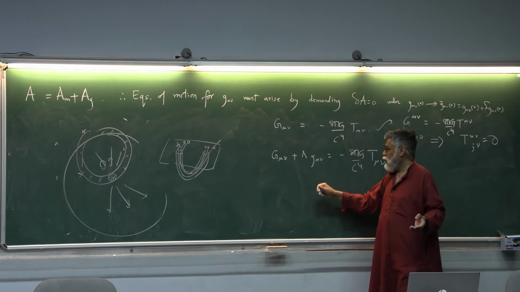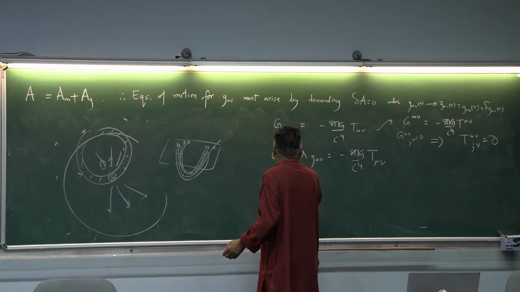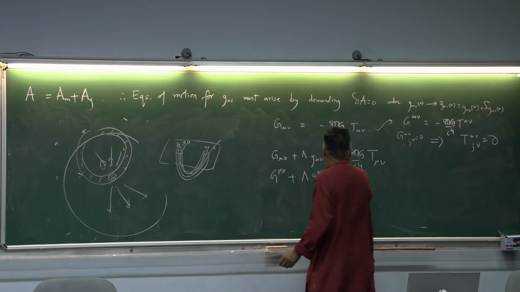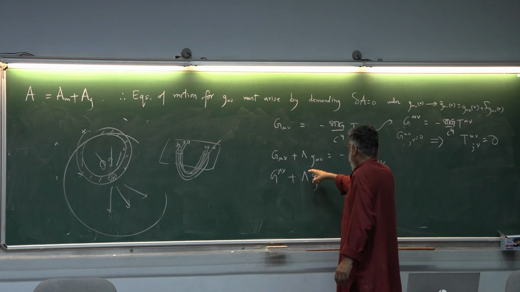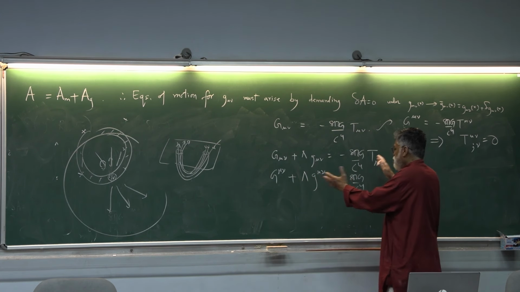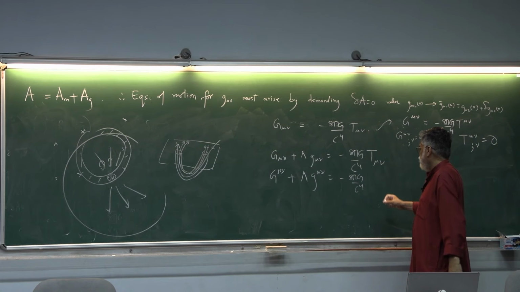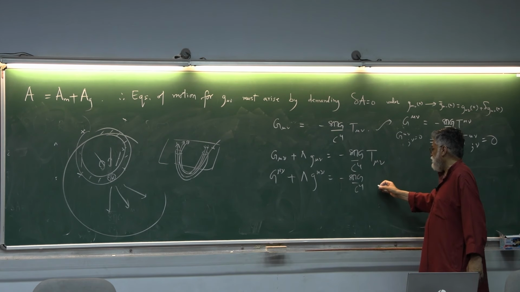Why? Because you can write it upstairs: G mu nu plus lambda g mu nu equals minus 8 pi G by c^4 T mu nu. By the way, please figure out whether it should be plus or minus, because for repulsive, you need one of the signs. One would give you de Sitter universe, the other will give you anti-de Sitter universe.